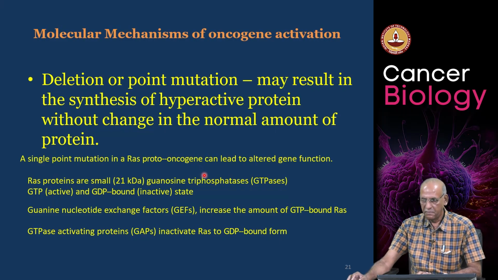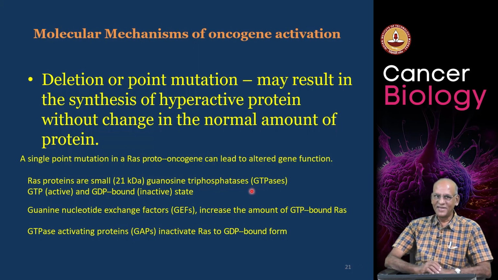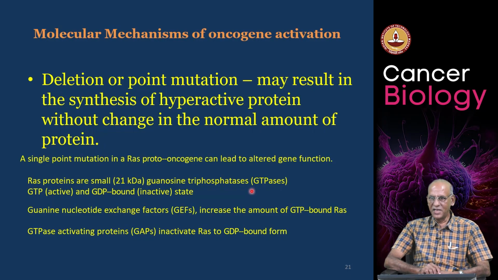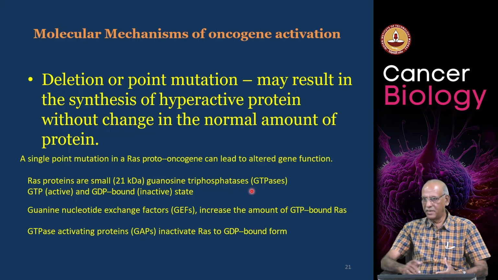Okay. So what will happen if you inhibit the GTPase activity? I don't know whether you are getting my point. That is, if GTPase activity is high, it will inactivate, because it will become the GDP bound form.